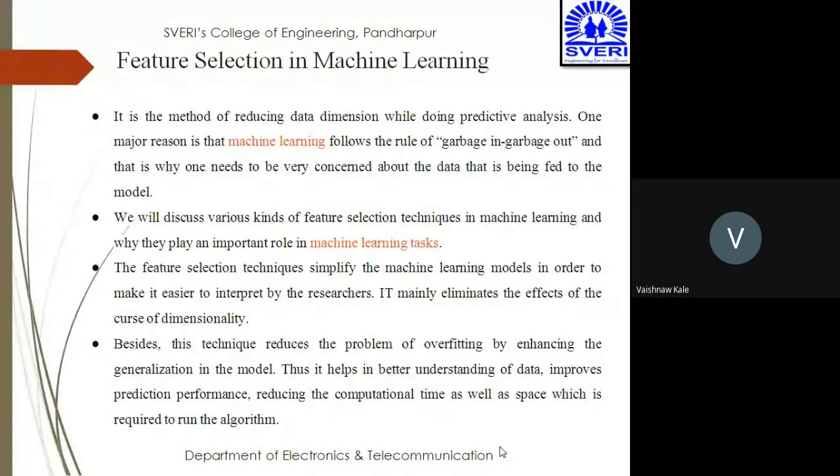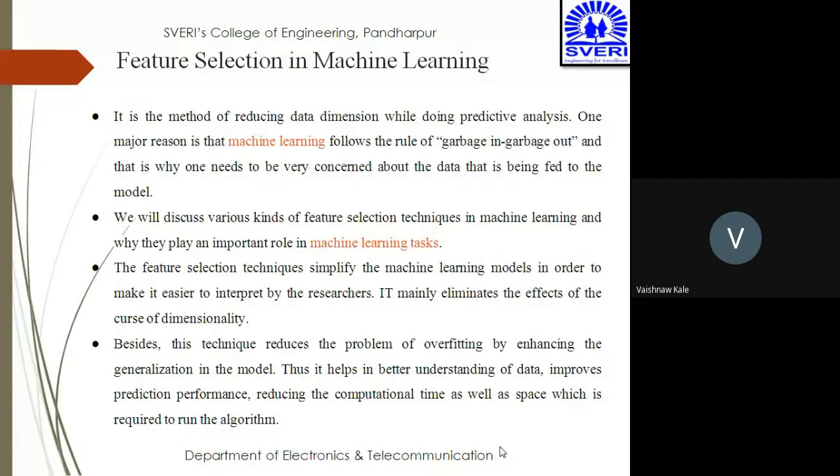So data driven means the data which you are going to feed to the model has to be very, very important. You cannot put garbage there, you cannot feed unnecessary data to the model. You have to take care that quality data is fed to the model, and that's why feature selection becomes very important.